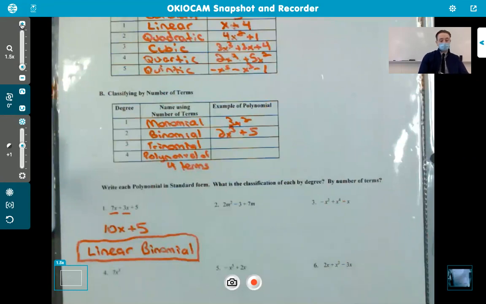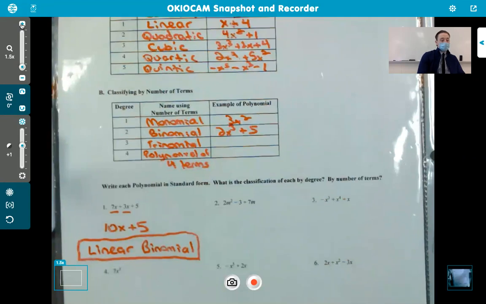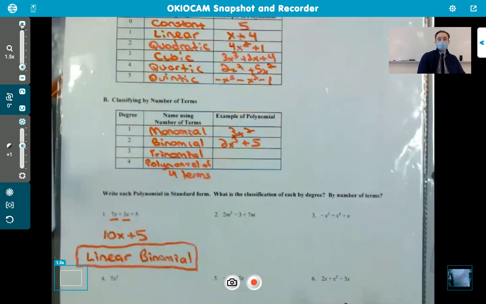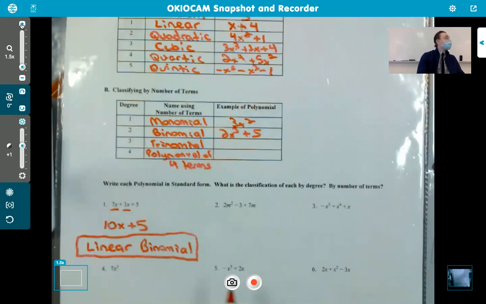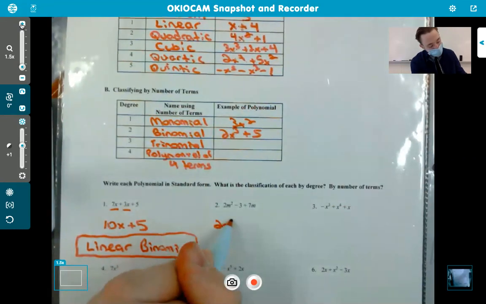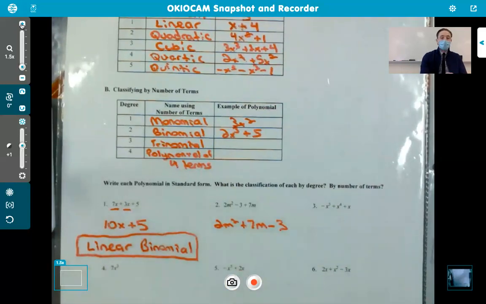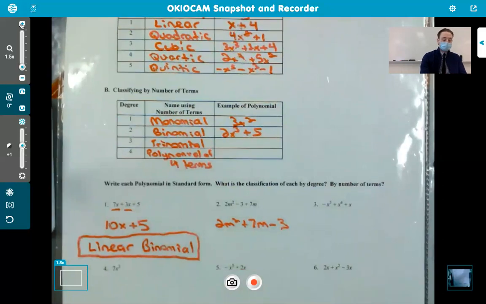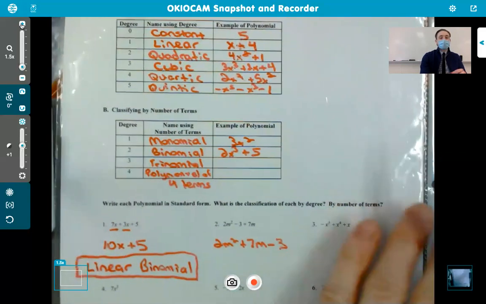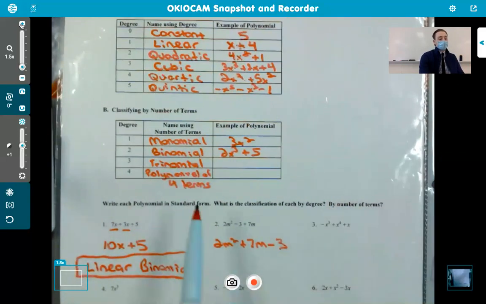Okay. Example 2. Somebody help me write example 2 in standard form. Good. 2m squared plus 7m minus 3. So how would you categorize this? What's the highest degree? Maybe somebody from home help me out with this one. What's the highest degree that I see here for this expression?